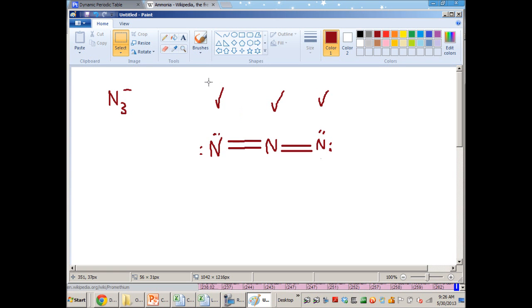draw formal charges. So nitrogen starts with 5 valence electrons. And if you wanted to, for accounting purposes, you could figure out how many electrons are surrounding this nitrogen if you just split each bond in half. So this is 2 bonding electrons, 2 bonding electrons, so that's 4 bonding electrons total.